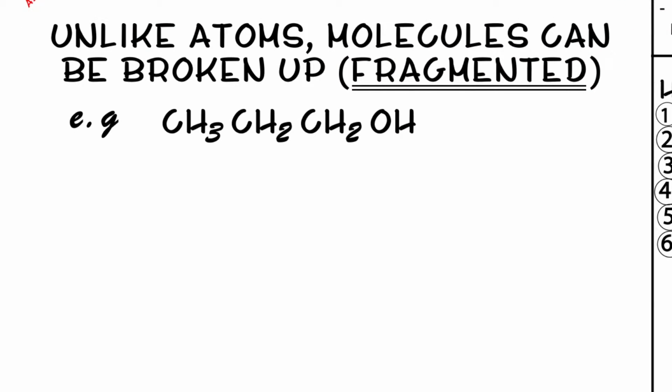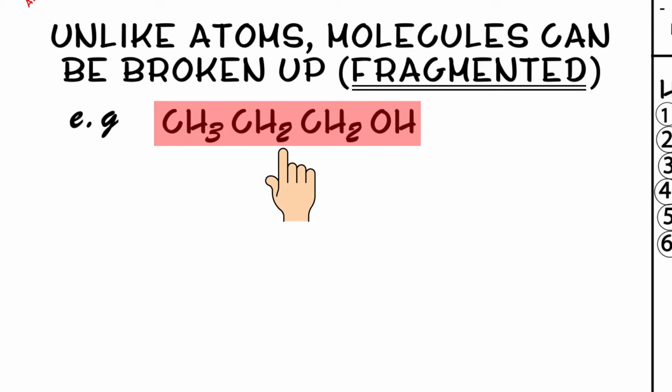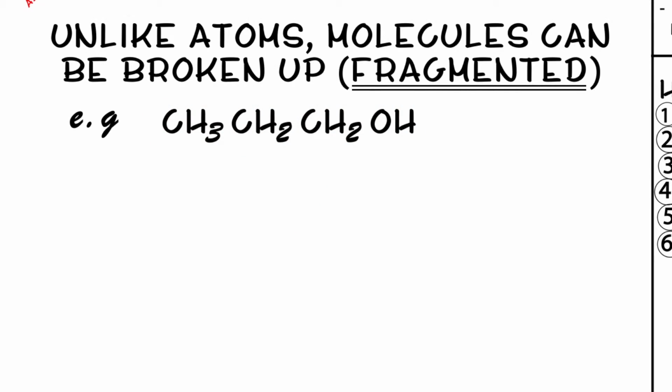Now, when you take your molecule, I've got this one here, which is propan-1-ol. Now, if I inject propan-1-ol into there, propan-1-ol is a liquid, that's vaporized into a gas first, and then it's ionized. And it's at this point when it's ionized that your molecule starts to break up into different bits. Now, what we're going to do is we're going to split this into different parts. It'll break at strategic points, mainly, obviously, the weaker bonds of the molecule.